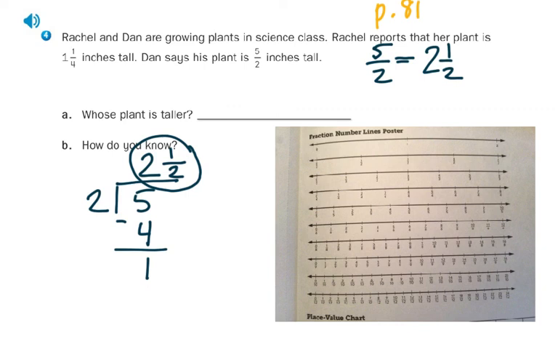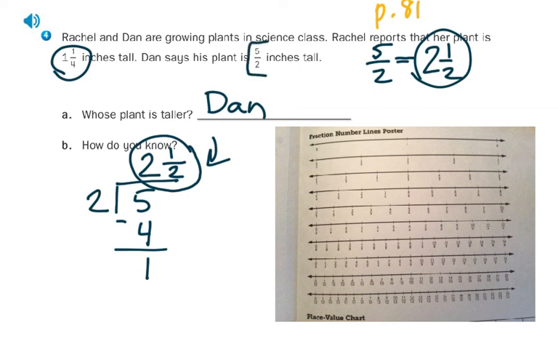So which is larger or taller? Rachel's at 1 1/4 or Dan's at 2 1/2? Dan's is taller. How do I know? Well, I just showed it right here. I changed that improper fraction where the top number is larger than the bottom to a mixed number.